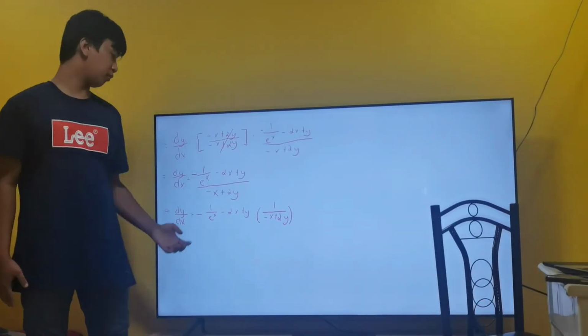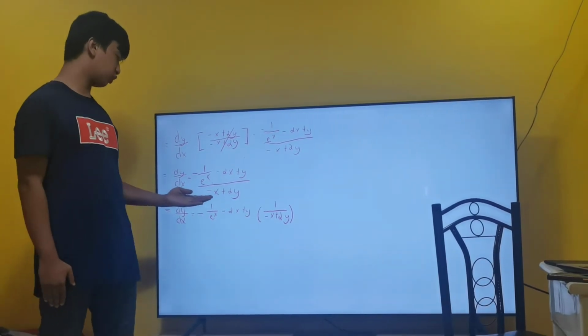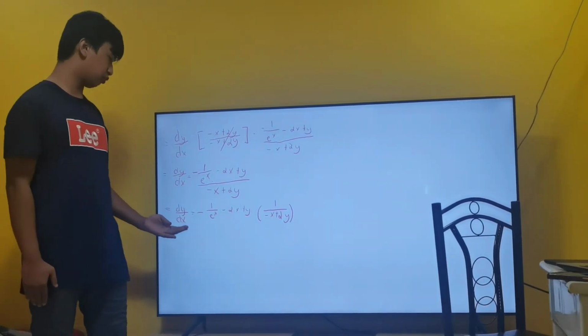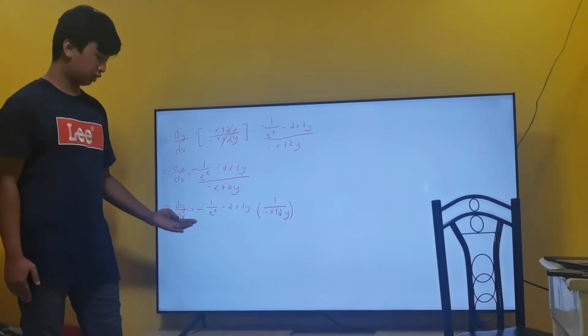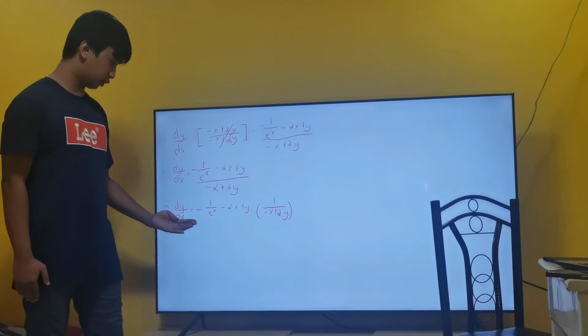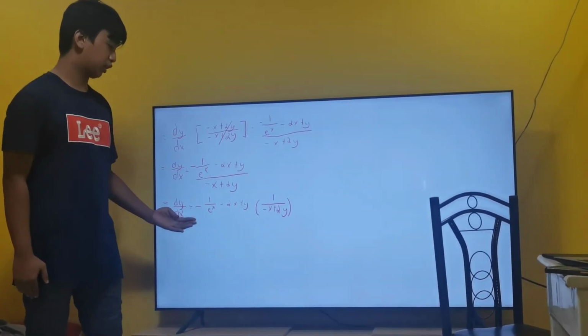In the next step, we apply complex fraction here in order to get dy over dx is equal to negative 1 over e raised to the power of x minus 2x plus y times 1 over negative x plus 2y.